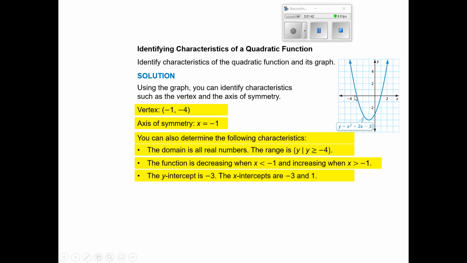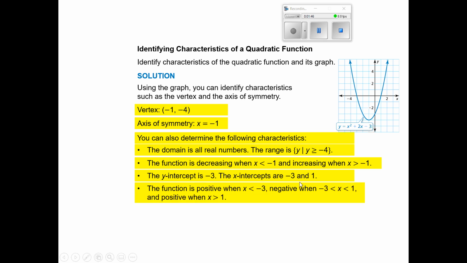The function is positive when x is less than -3 or greater than 1. That means it's negative when x is greater than -3 and less than 1.